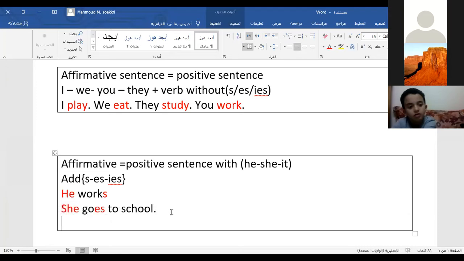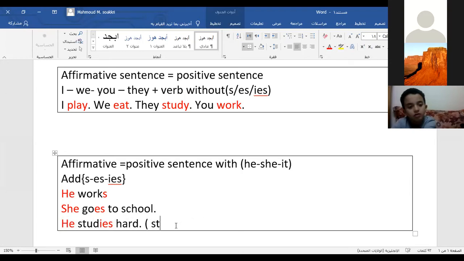Now let's take example with ies. He studies hard. What happened here? We put ies. Why? The subject is he. And why this happened?